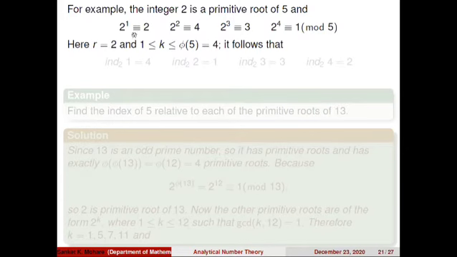I am just relating this example with the definition. So R to the power k is congruent to A, means these 2, 4, 3 and 1 are the values of A.